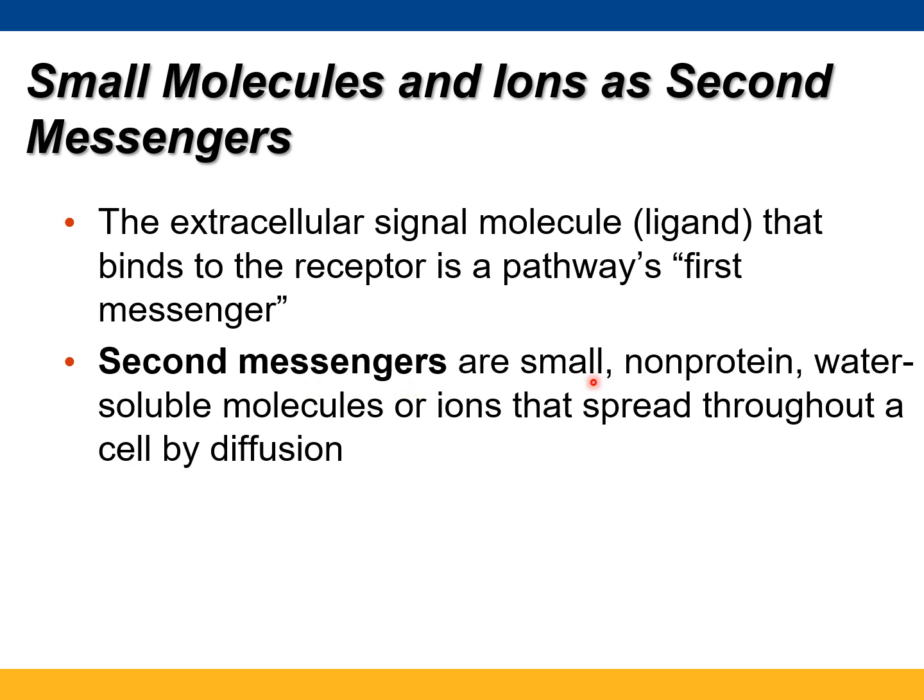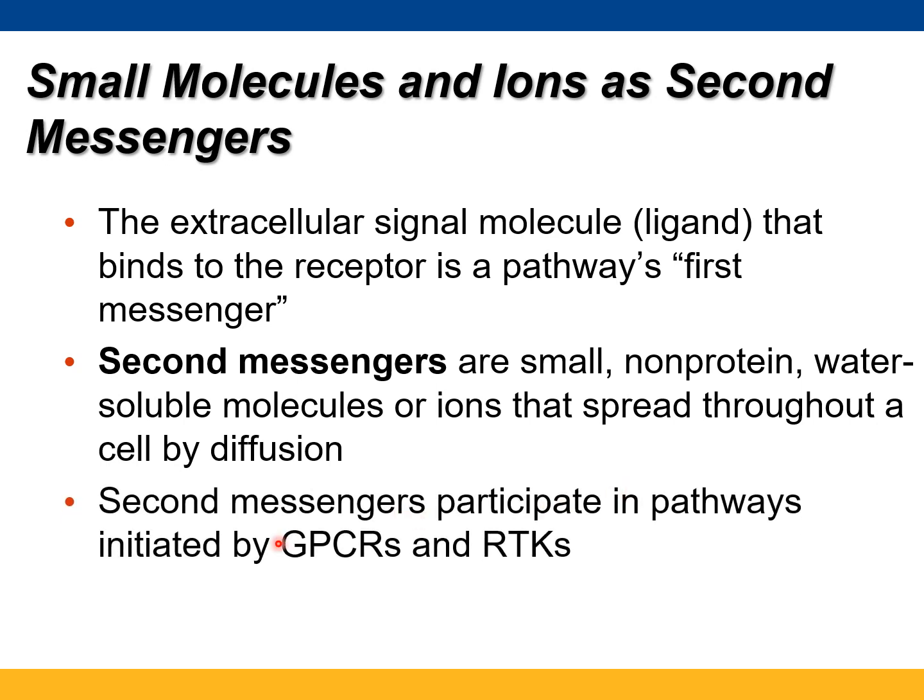A lot of times they're pretty small. They're very seldom proteins. I would argue that the phosphorylated kinases in the previous slides are second messengers. It's a different form of the message, the second message. They tend to be water soluble because it's an aqueous environment inside the cytoplasm, so ions can work very well through this, spread by what we believe is diffusion.